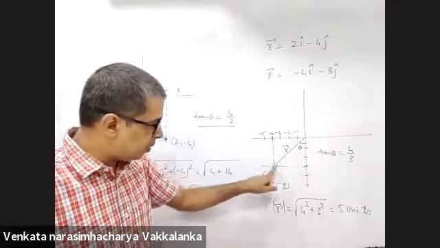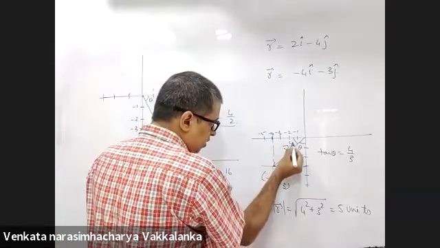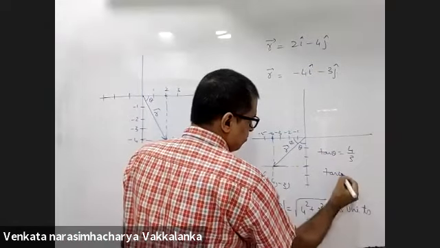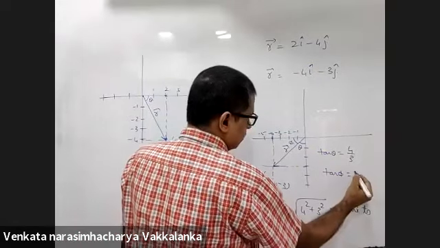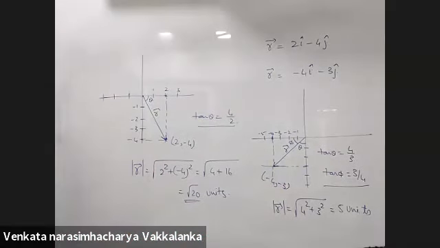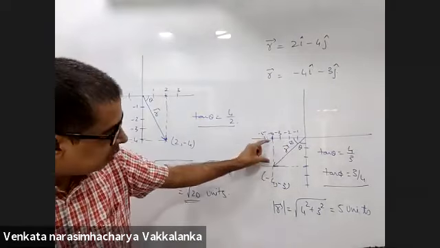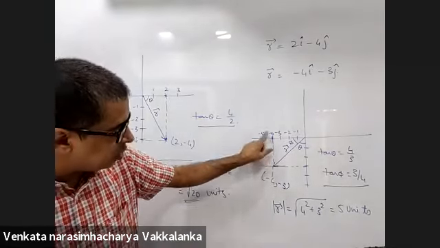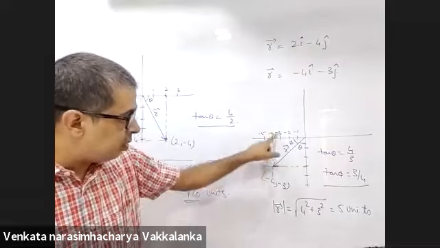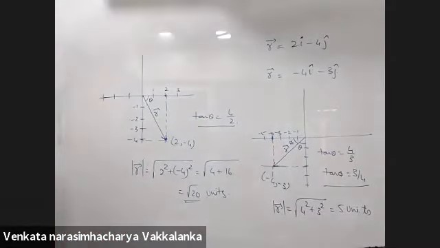Tan theta will always be opposite side by adjacent side. If you measure this other angle phi, then tan phi will be 3 by 4. It depends on which angle you are measuring or which angle is asked.